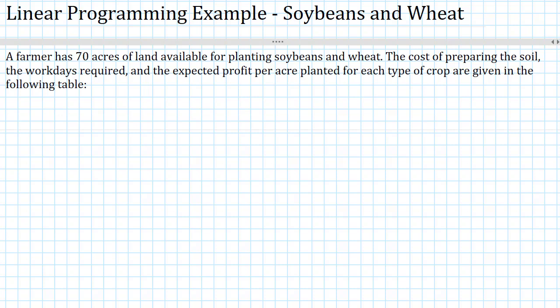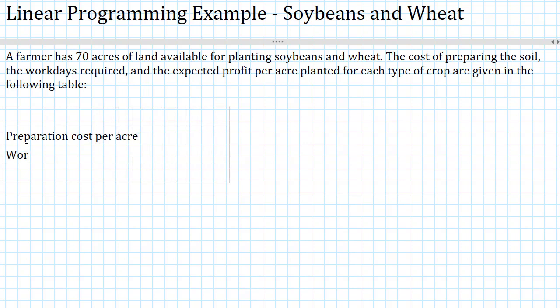So let's insert our table. I need 4 rows and 3 columns. Okay, and so we're going to have the preparation cost per acre.